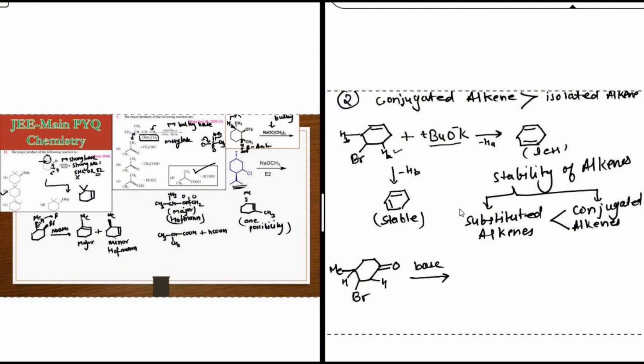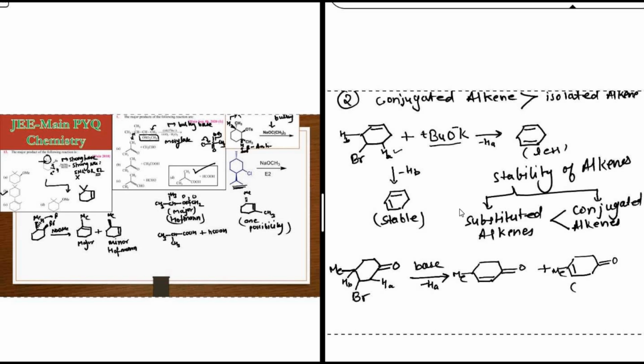Let's call this B and this A. After abstracting hydrogen A, you will get this one, in which this double bond is in conjugation, and if you abstract B, then you get this one.